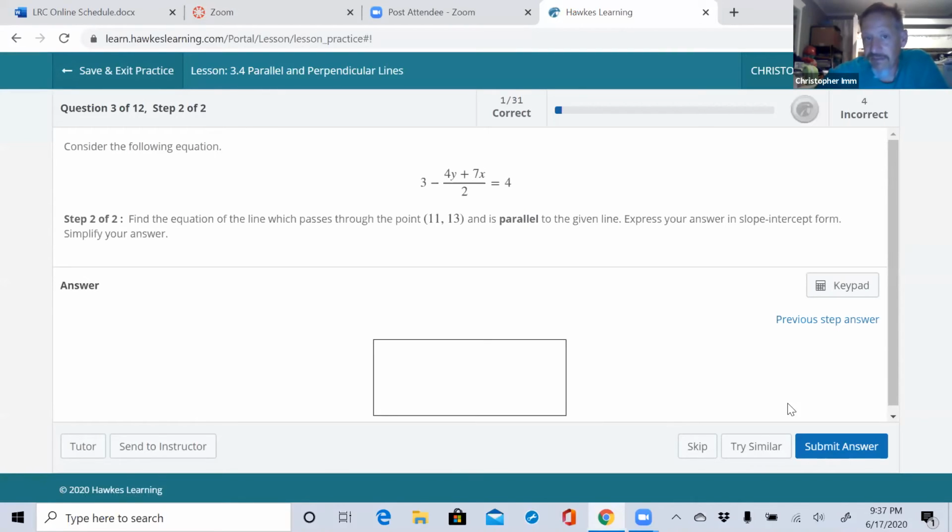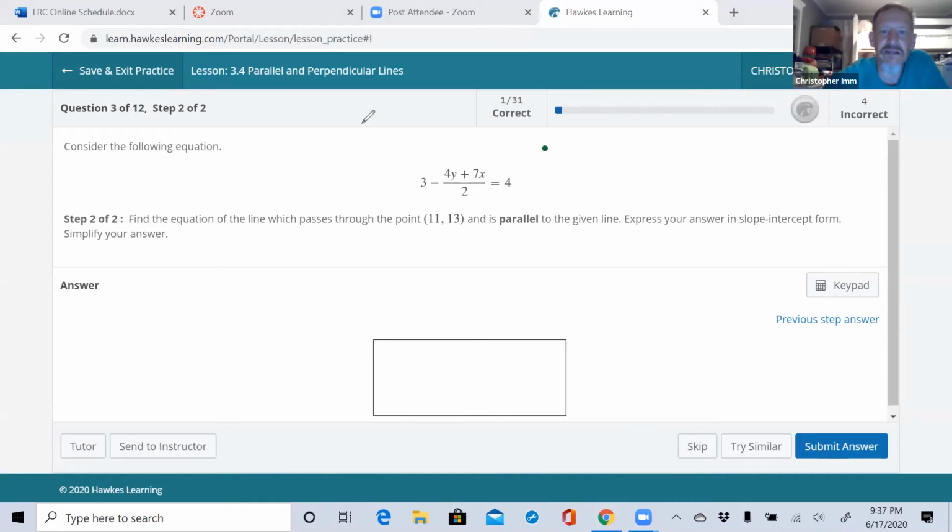So now they give us the same equation of the line, and we want to find something that's parallel to that given line. All right, so I did go ahead and was smart enough to write down the equation of this. So let's see. Okay, I think I'm good to go.